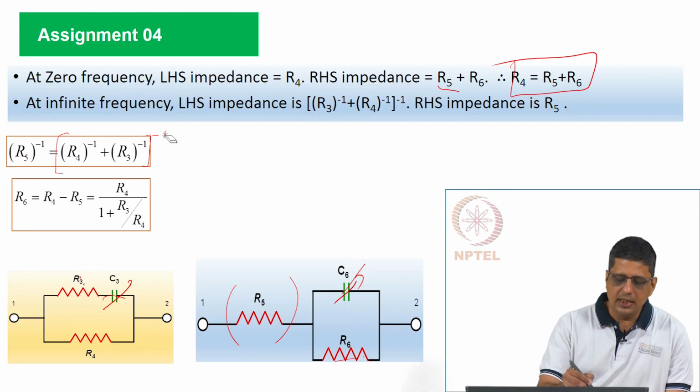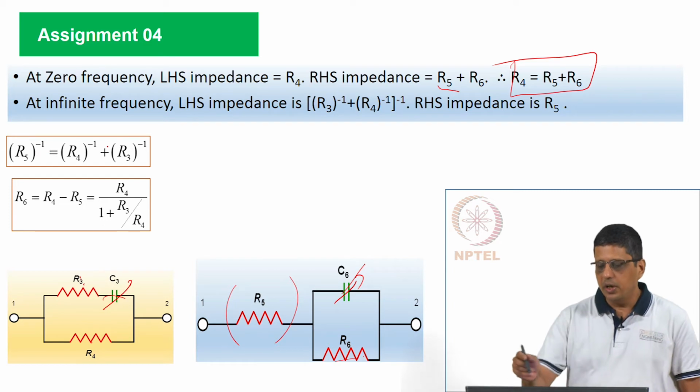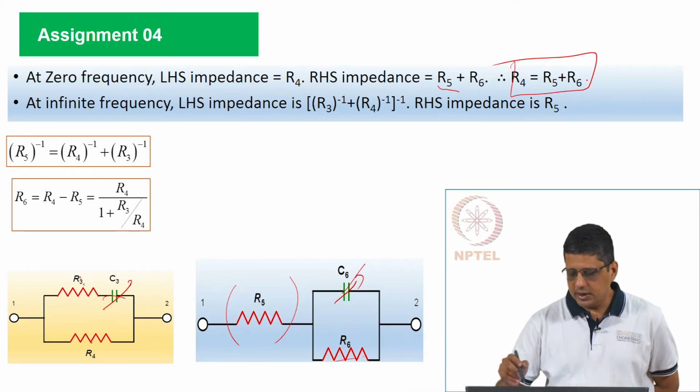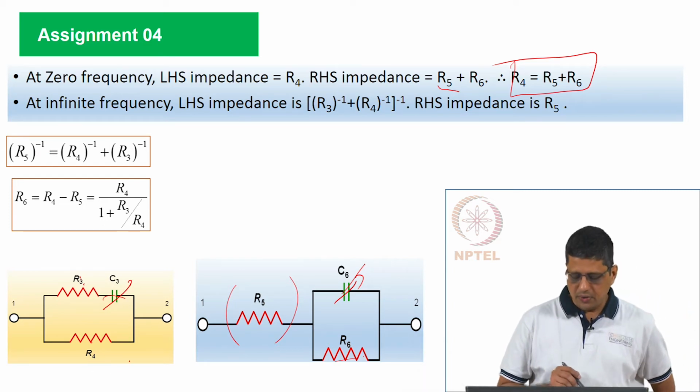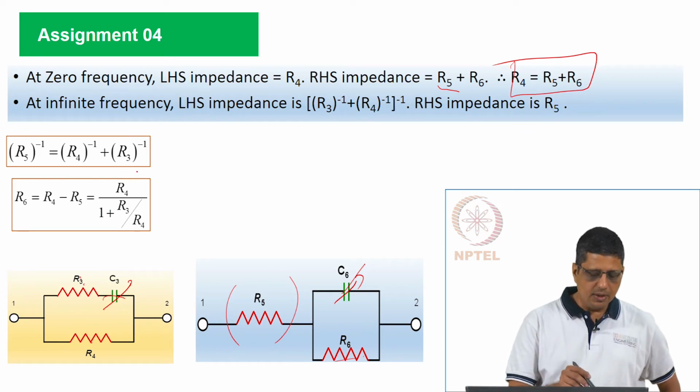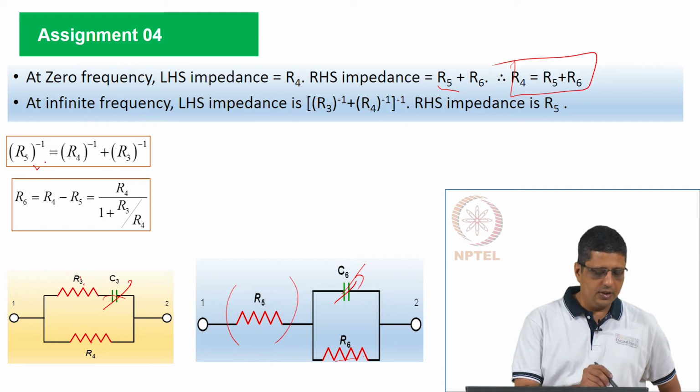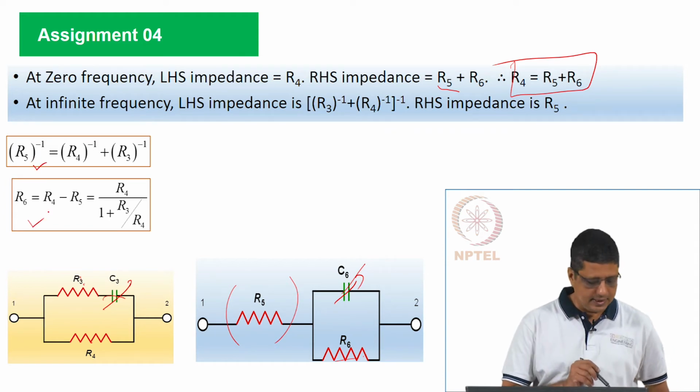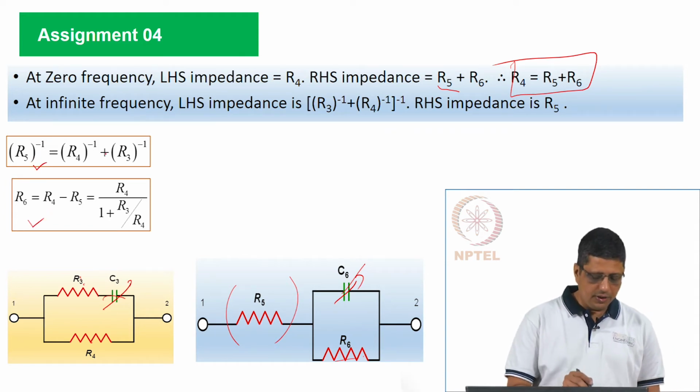So, you can essentially get the same relationship. I have just rewritten the equation. So, you have one equation relating R5 and R6 to the R3 and R4. You have another equation, 2 equations, 2 unknowns, you can rearrange them and solve. You get one equation for R5, another equation for R6 in terms of the elements on the left hand circuit.